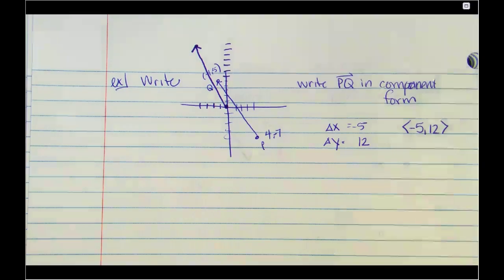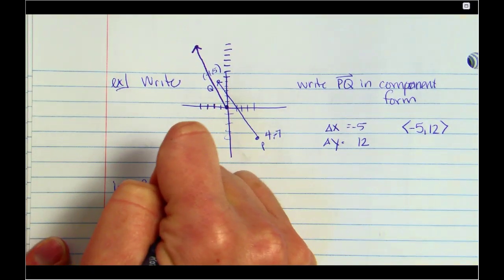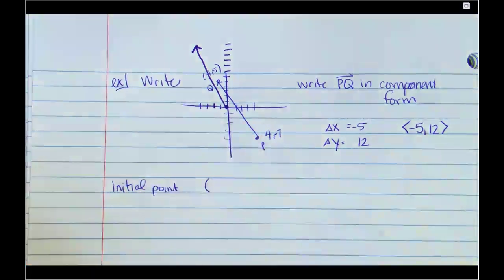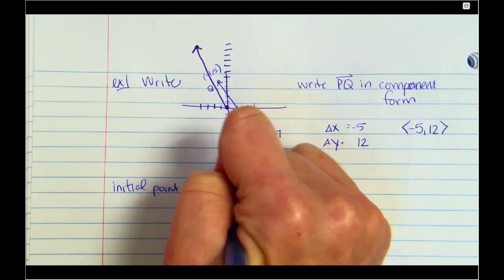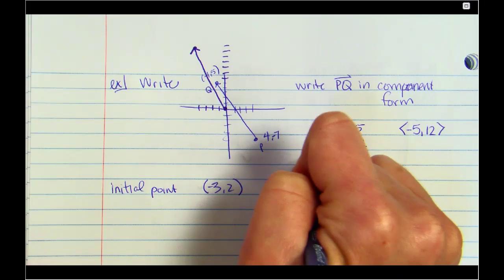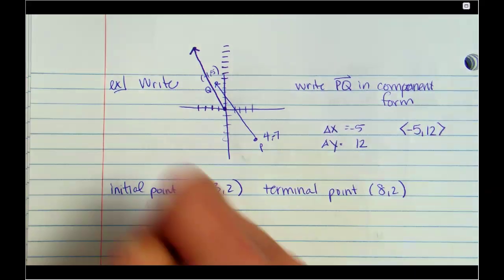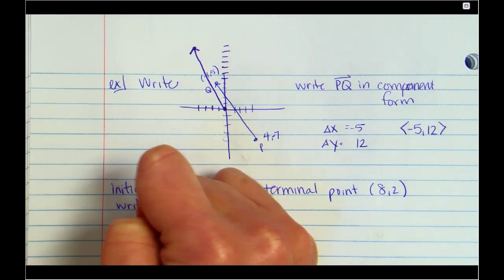Okay, so let's do another one. Let's say the initial point is -3, 2, and the terminal point is 8, 2. I want you to write it in component form.